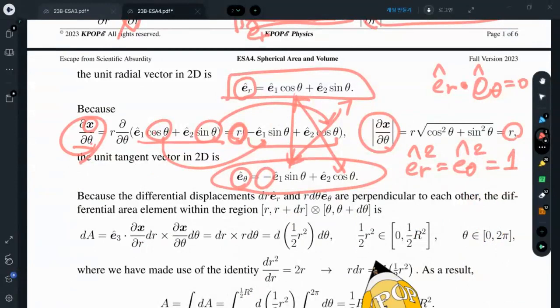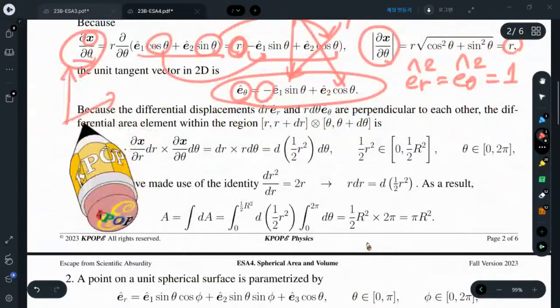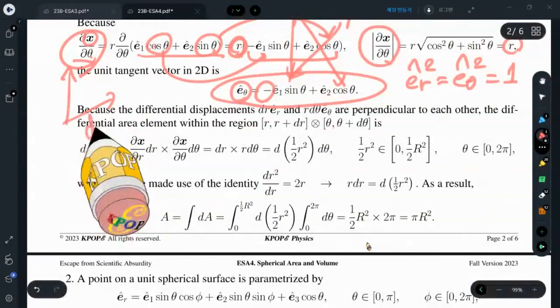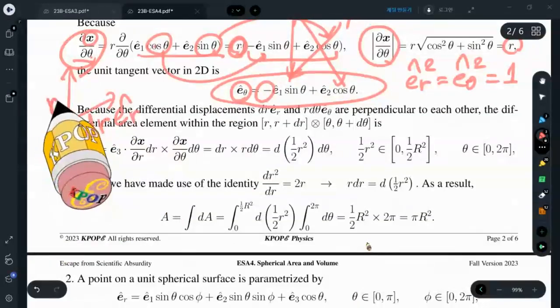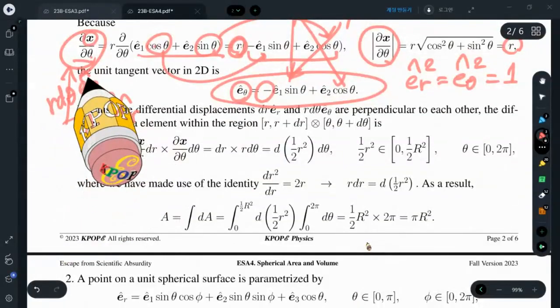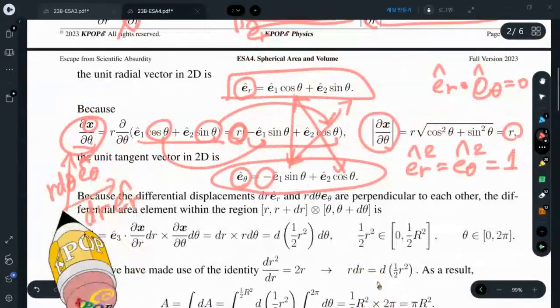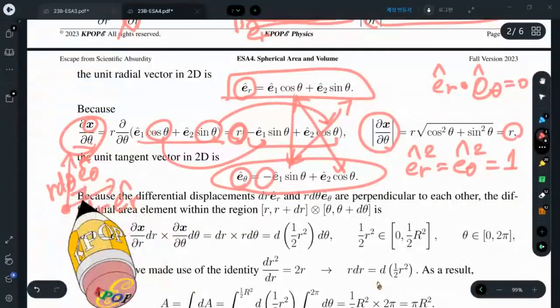Okay, we are ready to compute the area spanned by these two sides, dr e_r hat and r d theta e_theta hat. And we know everywhere, at every point, e_r and e_theta make a right angle.